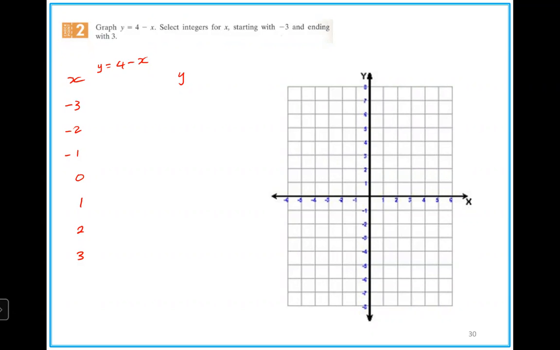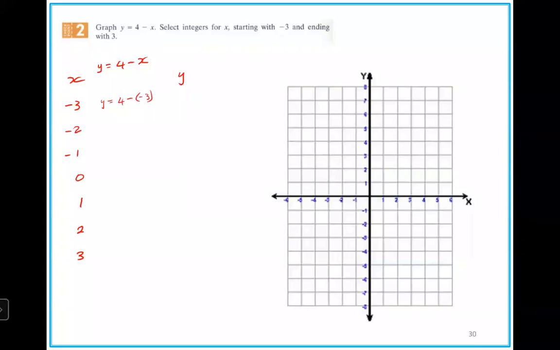Okay, so if x is equal to -3, then y would be 4 minus -3.